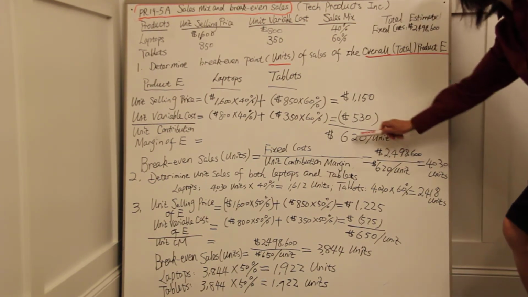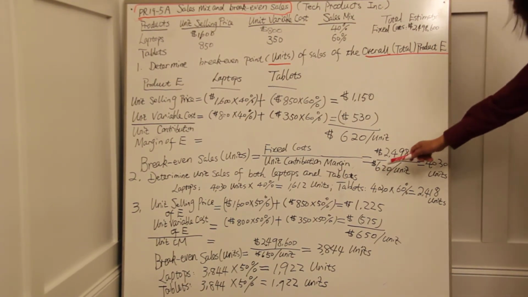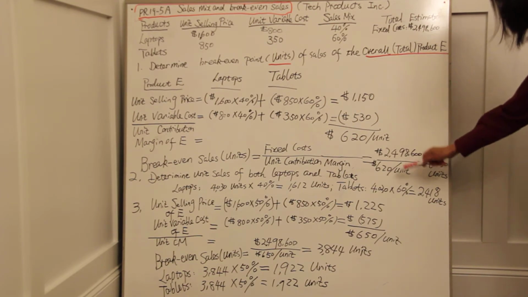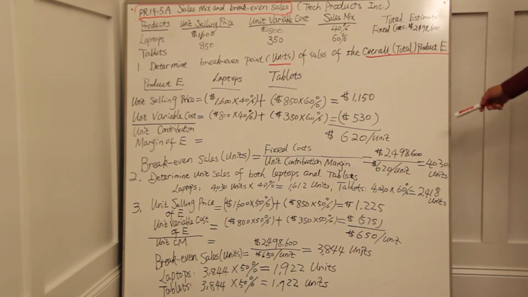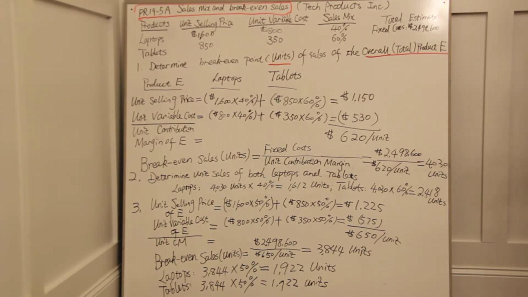Now, we also already determined the unit contribution margin for product E, so we put $620 per unit here. So now we can see the 4,030 units is the break-even sales in units for overall product E.